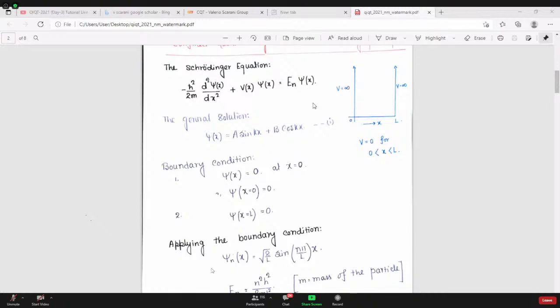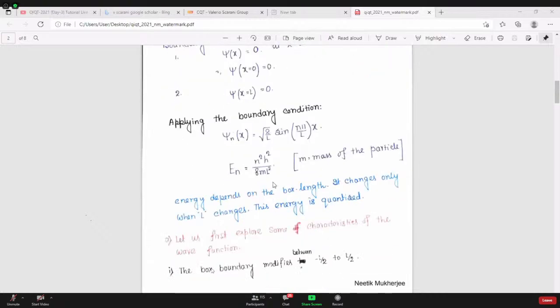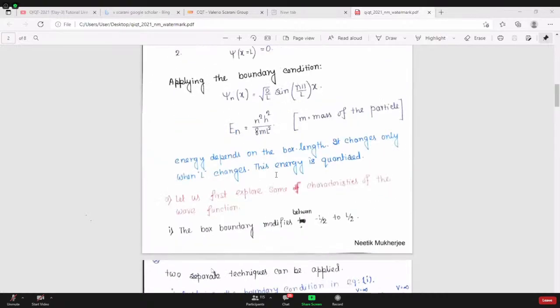Applying the boundary condition, we get ψ at x equal to 0 is 0, and at L it's again 0. Applying this condition, we get the solution ψ(x) equal to sin(nπx/L), and the corresponding energy is n²h²/8mL². This energy is quantized, and it depends on the box length and the mass of the particle.